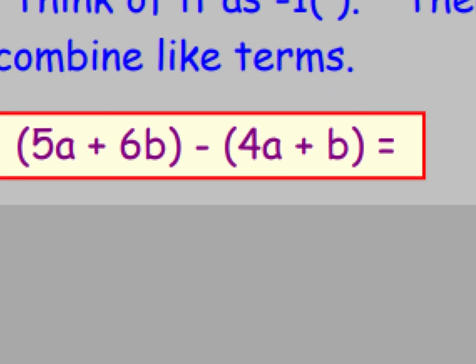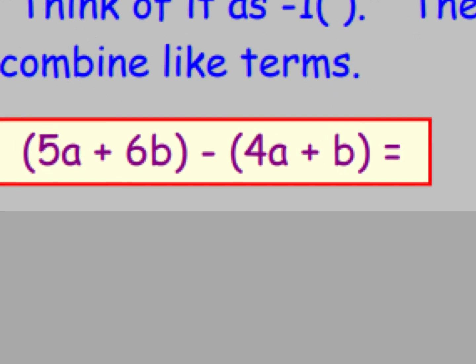So in other words, all the time, kids get this confused. Why do you think they get it wrong? I'll guarantee you, there's going to be somebody who's going to have this problem on the test, and they're going to write this: 5a plus 6b minus 4a plus b. Did you get what I just did there? Because there should be negative b. Why?